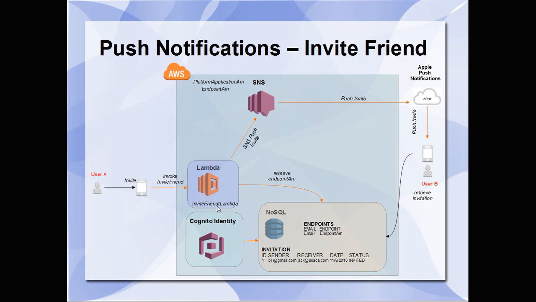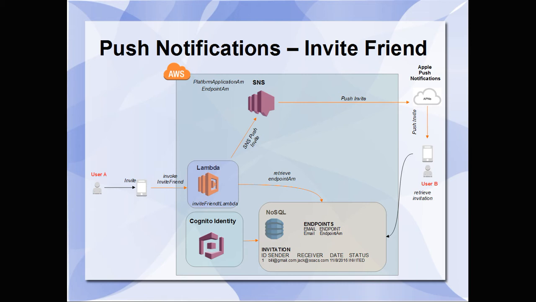Okay, so I claim that this Lambda function can only be invoked by an authenticated user. So one, Cognito identity has to recognize this user A as an authenticated user. Two, the Lambda function can only be invoked if Cognito identity claims that the request is from an authenticated user.